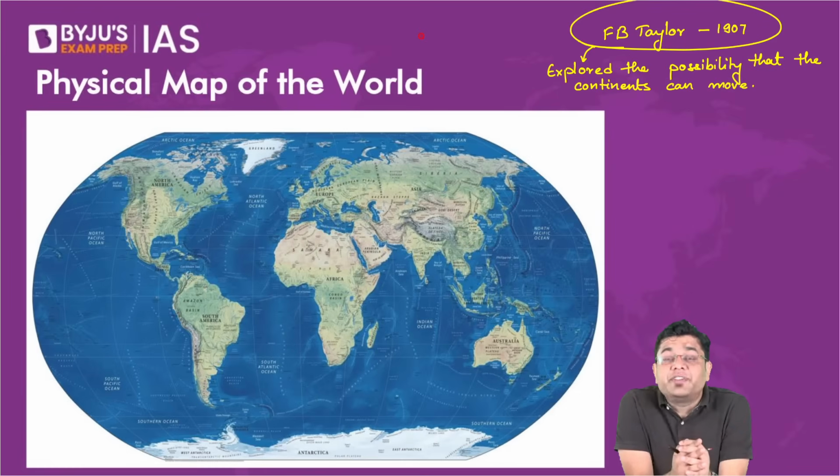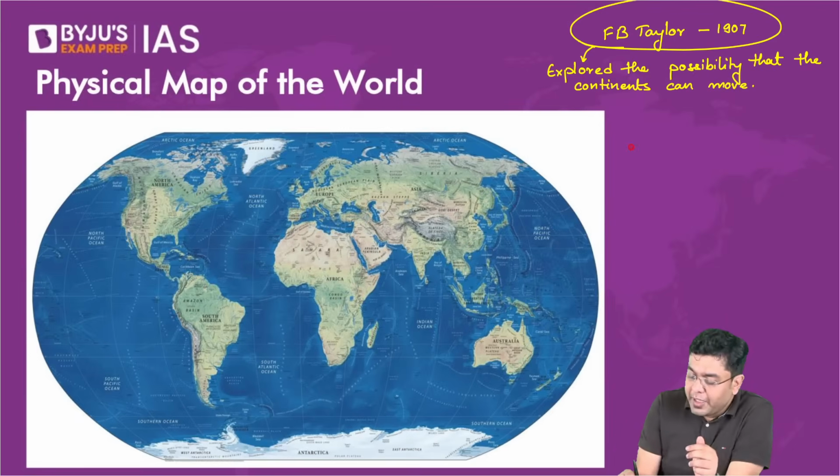Now, as the famous anecdotal story goes, you had a German climatologist with the name of Alfred Wagner.